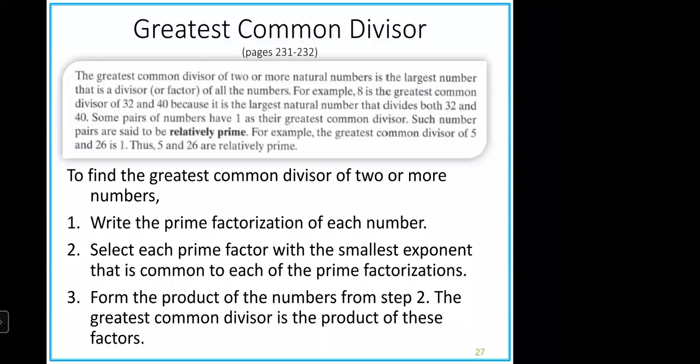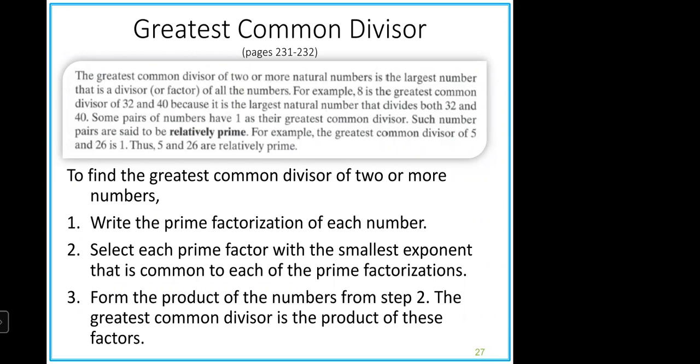Okay. So they're going through the process now of how to find the greatest common divisor of numbers. Some pairs of numbers, you can just look at and figure out mentally. But if you can't, one approach is to first write the prime factorization of the numbers.